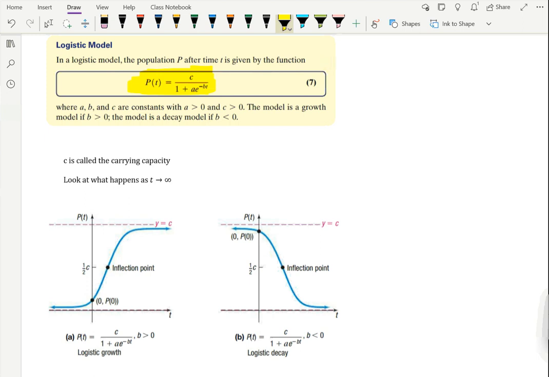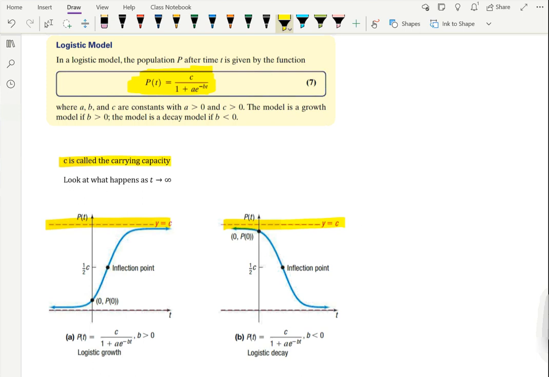We have growth if B is positive and decay if B is negative. So if B is positive, we're growing. If B is negative, we're decaying. C, overall, is called the carrying capacity. As we take a look at the graph, as we go towards infinity, notice then that we end up with a horizontal asymptote at C.